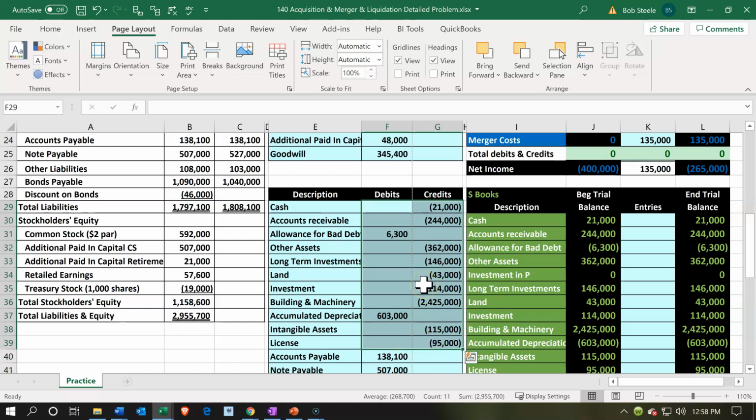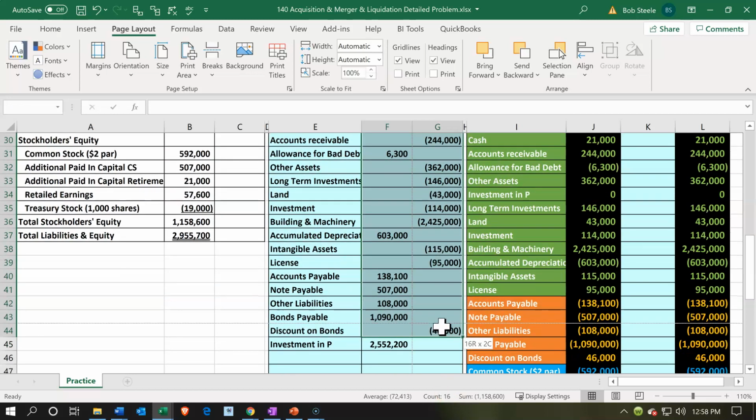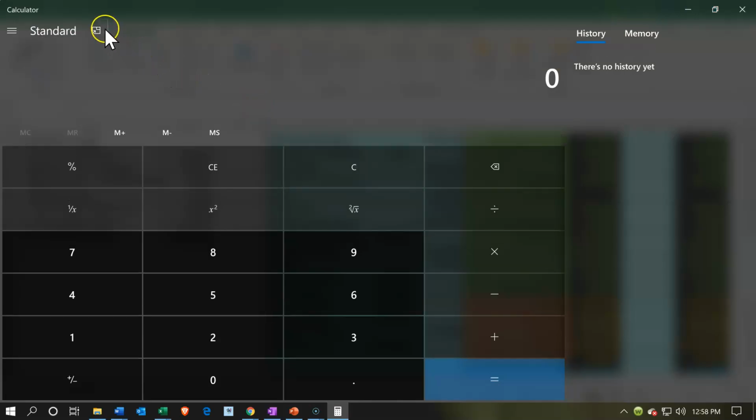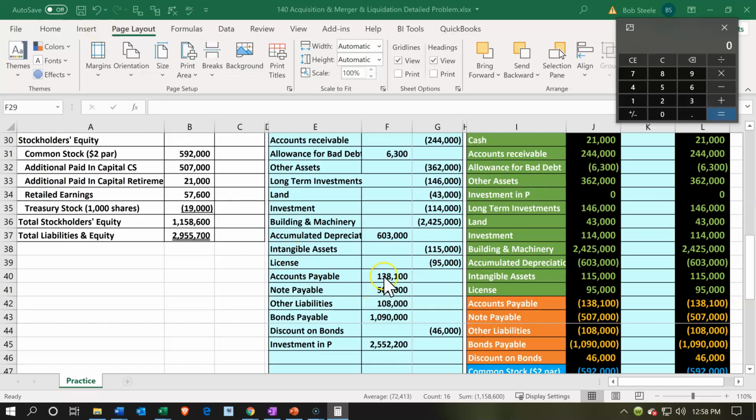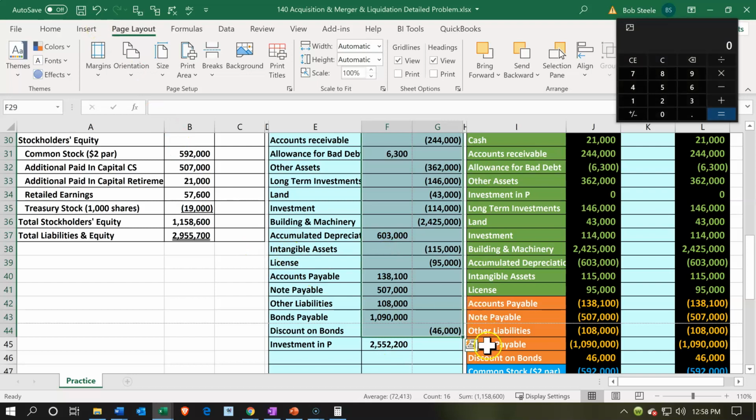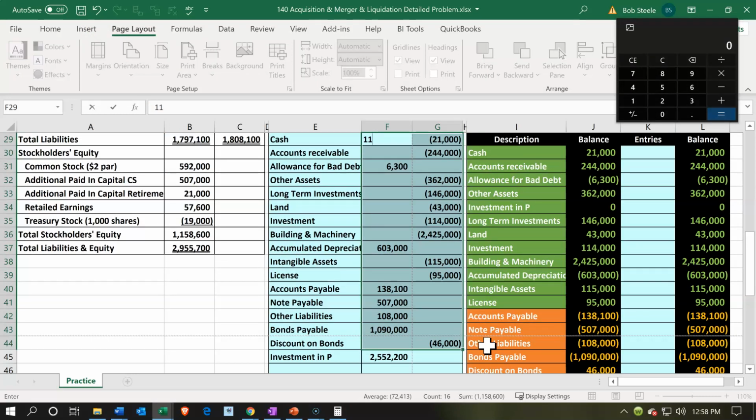And notice I didn't try to make debits first and credits after, I just did this top to bottom because I think that's the easiest way to see it. So then we're going to say, all right, let's do this and highlight this, assets minus the liabilities. That means that we gave up, and if we pull up the trusty calculator here, the giant trusty calculator, and we highlight all this, we're going to say this is going to be the 115.